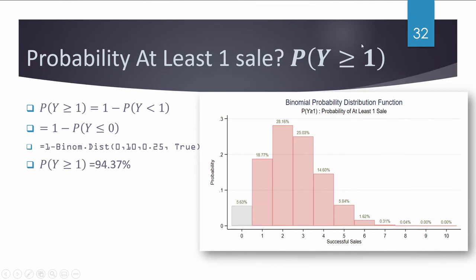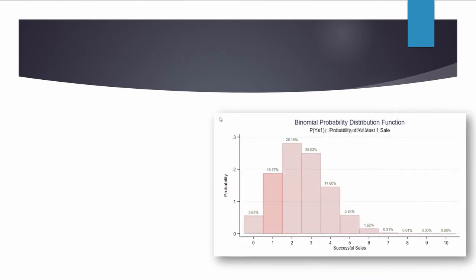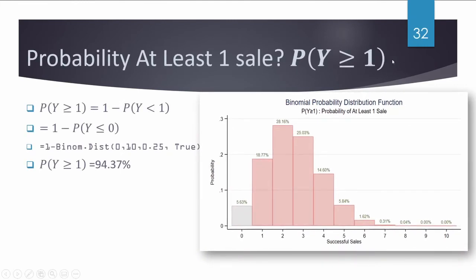So what we're going to do is figure out a way of rewriting y is greater than or equal to 1 using only the inequality less than or equal to or exactly equal to, because those are the pre-programmed options we have here in Excel. I could say binom.dist something, something, something true to get less than or equal to, or false to get exactly equal to. But there's no option to get greater than or equal to here.